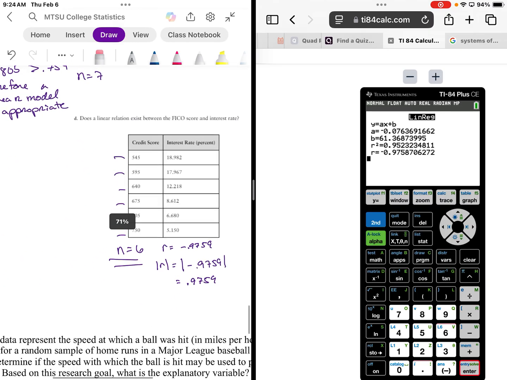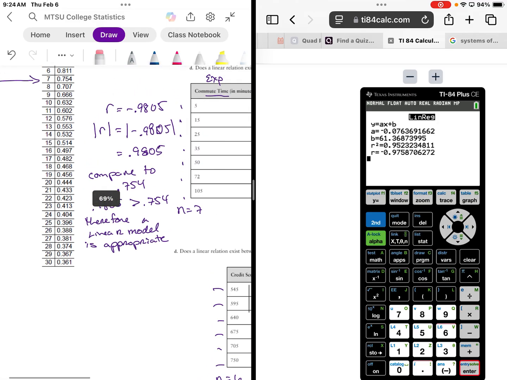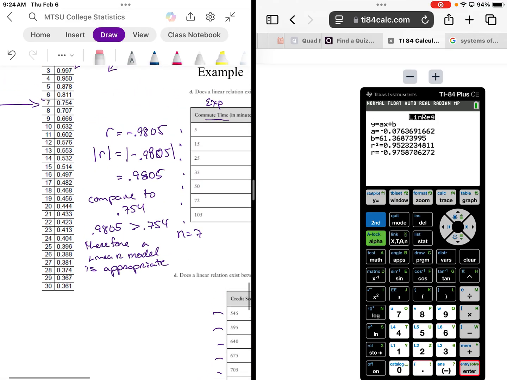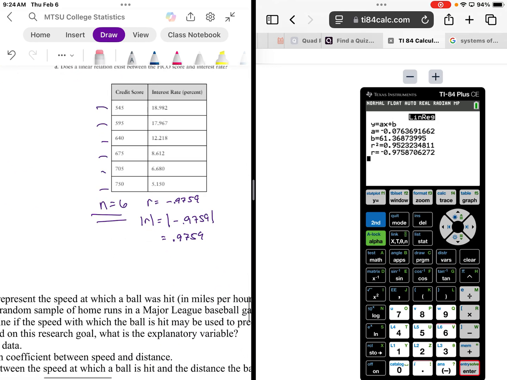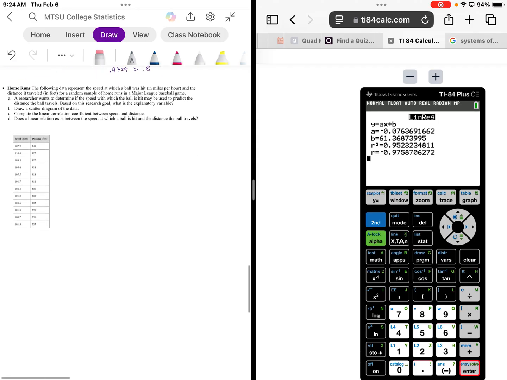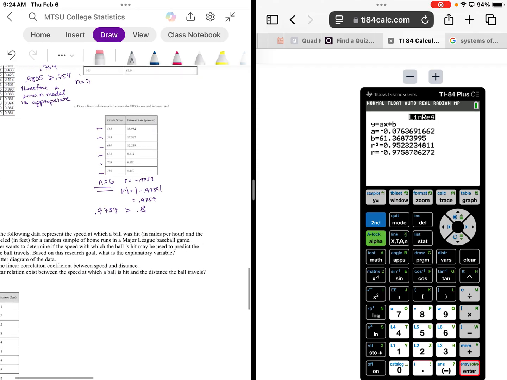And according to our chart up here, n is equal to 6 was 0.811. So 0.9759 is greater than 0.811. Therefore, a linear model is appropriate.